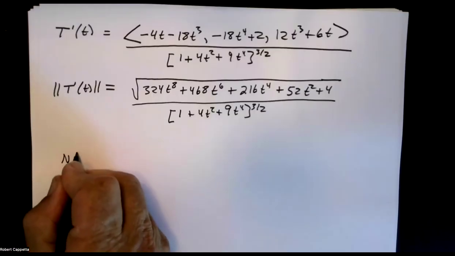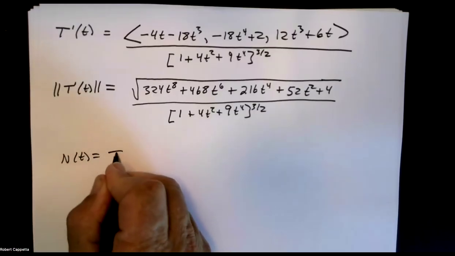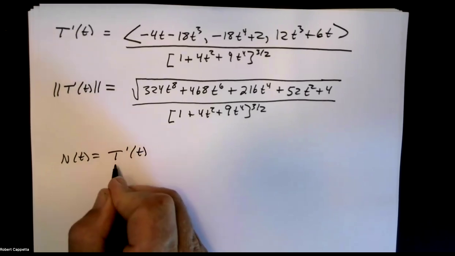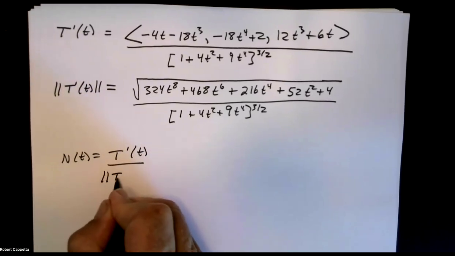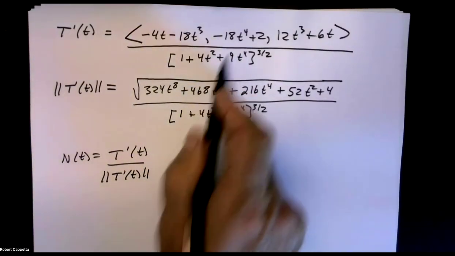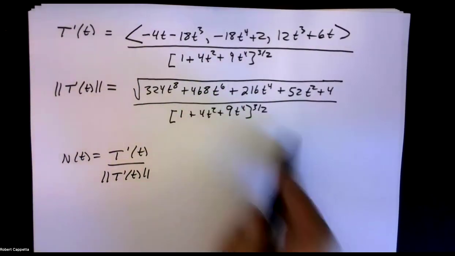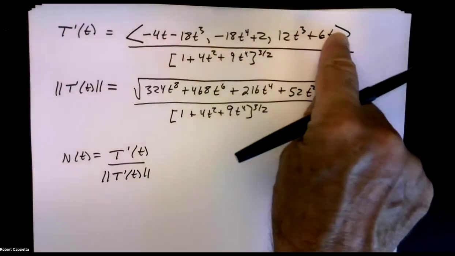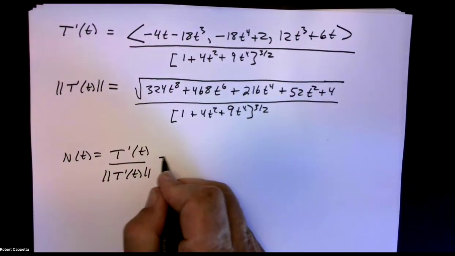So N of t is T prime of t divided by the magnitude of T prime of t. And you'll notice, finally, something nice in algebra, the bottoms essentially divide out. So it's all of this on top divided by all of that on the bottom.